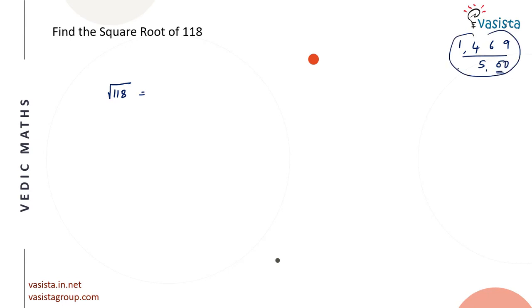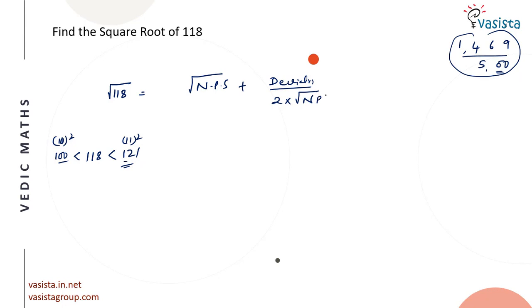So now let us check 118, which lies between 100 and 121, that is nothing but 10 square and 11 square. You can take any one number here, either this or this. Let me take this. I will apply the sutra, that is the equation: square root of nearest perfect square plus deviation, that divided by twice into square root of nearest perfect square.